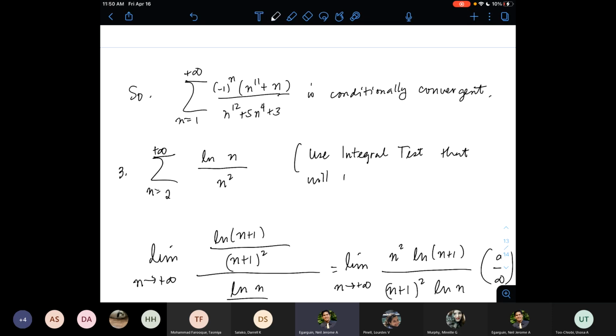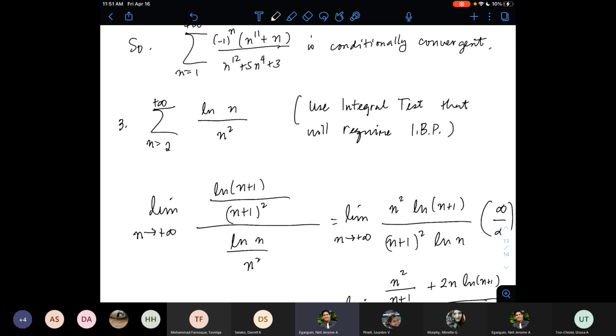That will require integration by parts. So yeah, unfortunately we used up all our time for today, so I won't be able to finish the solution by integration by parts. But I think you will be using integration by parts to evaluate it. You can use u to be ln x, and then dv is x to the negative 2.